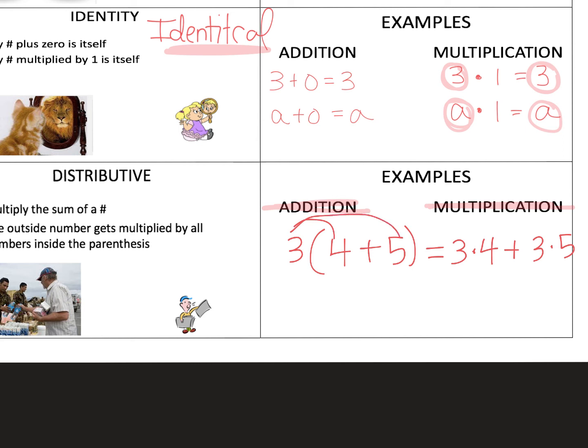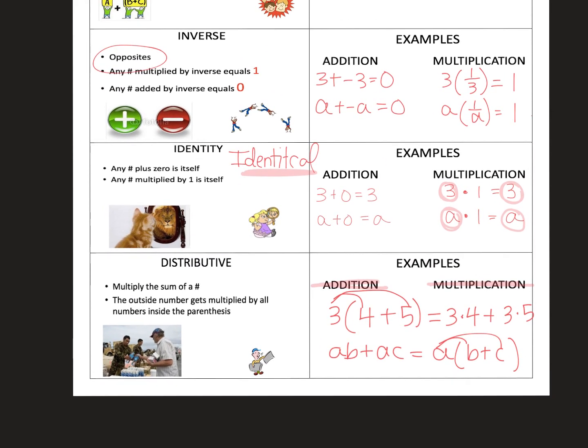Now, I do want you to be aware that for whatever reason, the Regents exam sometimes writes this backwards. So I want to show you what I mean. AB plus AC equals A(B plus C), right? So if we distributed this A, it's written backwards, and I really don't know why they do that, but that is also considered the distributive property.